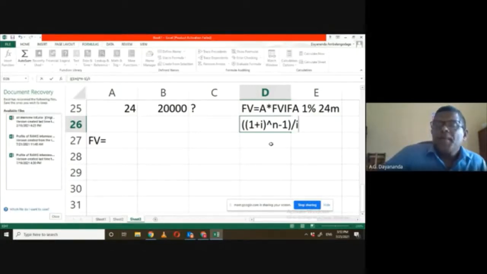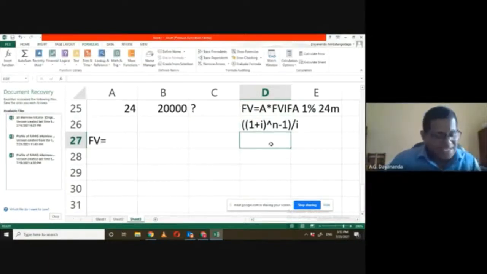Okay. If I am entering the data to the formula, 1 plus I is very clear. How much? 1.01, because 1%. That answer is very clear. Power n means 24 months. Minus 1.